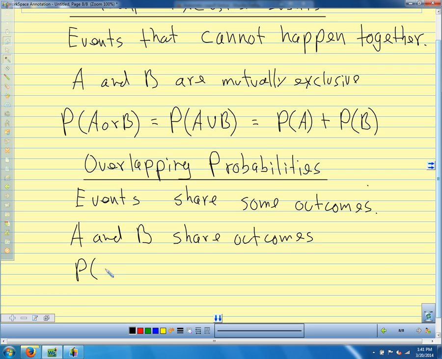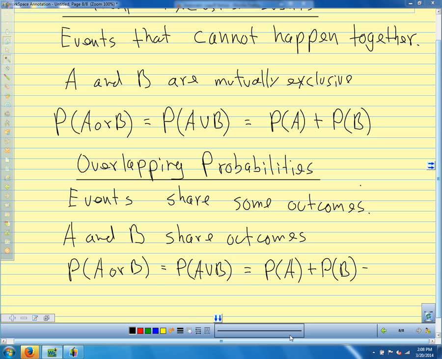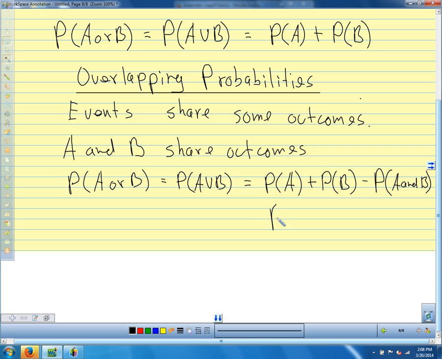The probability of A or B, and it's the same thing that we write here, probability of A union B, is the probability of A plus the probability of B minus, we need to subtract the probability of the outcomes that they share, minus the probability of A and B. And the other way that you'll see this written is probability of A plus the probability of B minus the probability of A intersecting B. These mean the same thing.